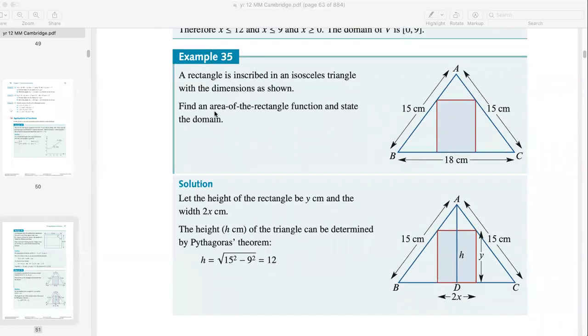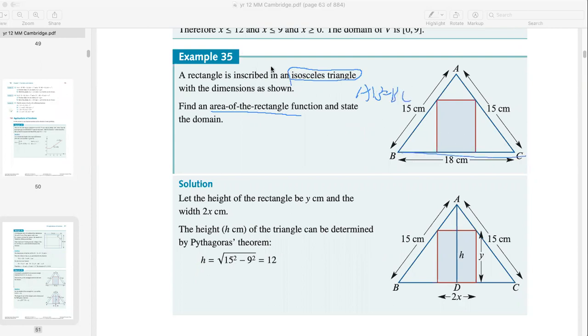This part asks us to find the area of the rectangular function and state its domain. For this part, you have to draw something to help you, such as the height or altitude of the isosceles triangle. For the isosceles triangle, it means AB equals BC, okay? But the base can be different.